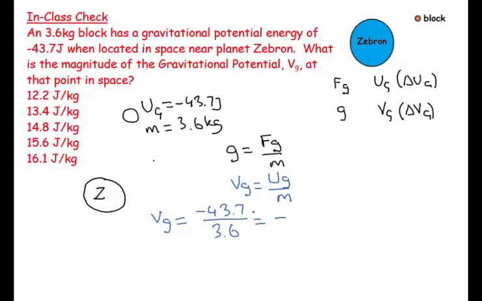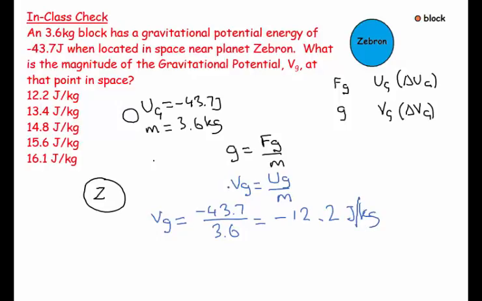When I work it out, 43.7 divided by 3.6 equals 12.2 joules per kilogram.